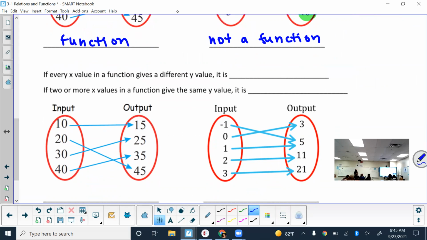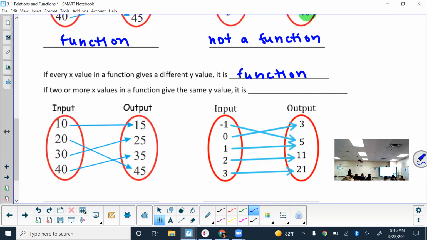Think about it. If each x value gives a different y value, it is a function.